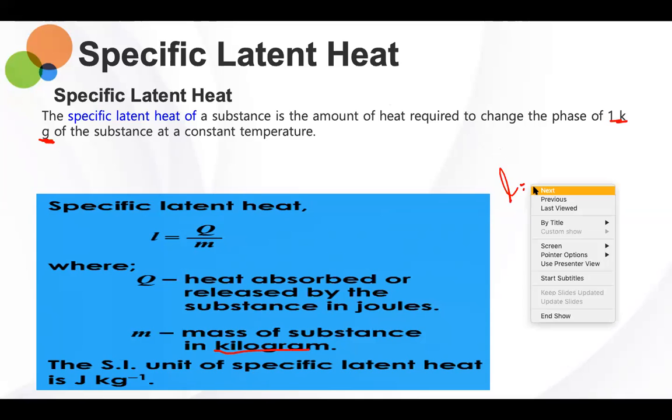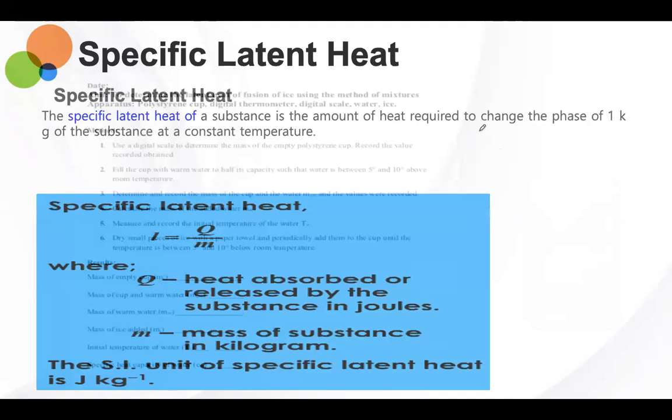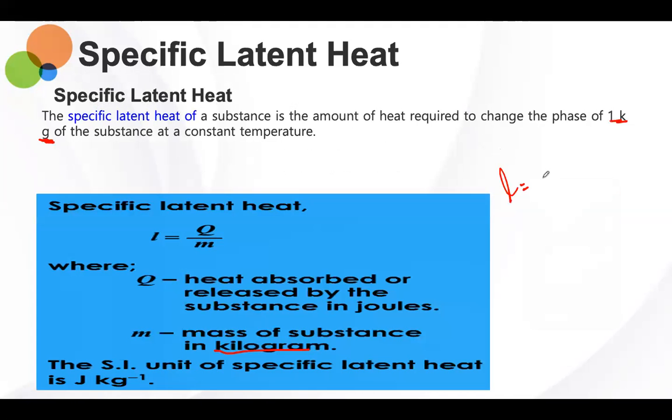So let's do this: L equals Q over M. And what is our unit for Q? Energy. Exactly. So joules is the unit for energy, and the unit for mass should be kilogram. So that would give us joules per kilogram. All right, simple stuff, right?